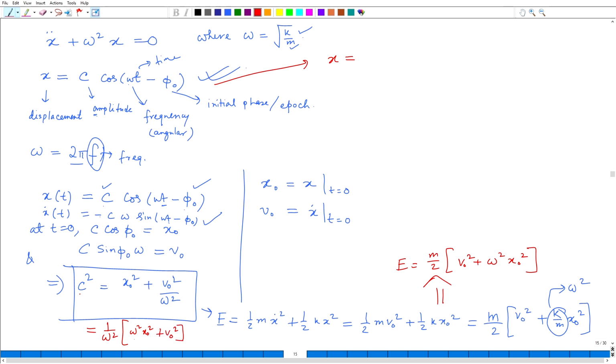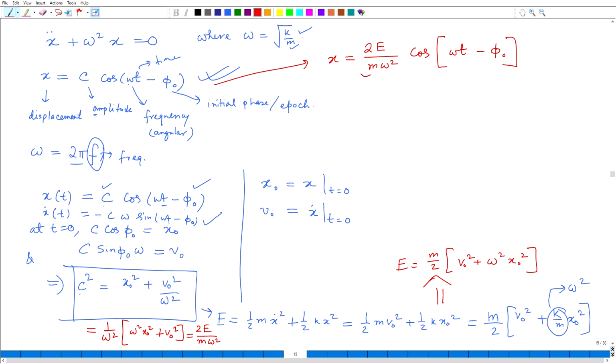Okay, that I can write here, and you can take v 0 square plus omega square x 0 square to be 2 E by m. So, that will be 2 E by m omega square, right. And finally, you will have x equal to root over 2 E by m omega square times cos omega t minus phi 0.